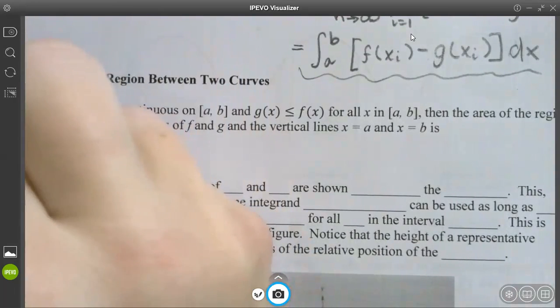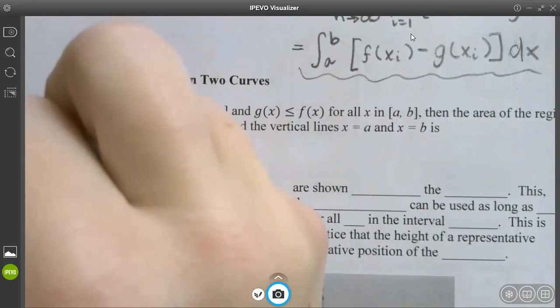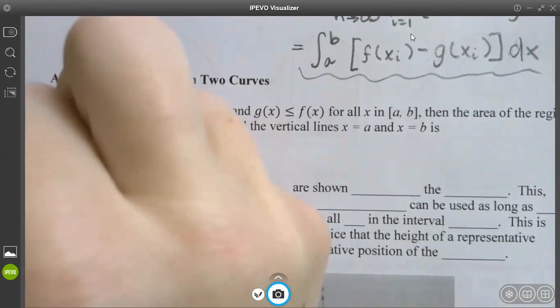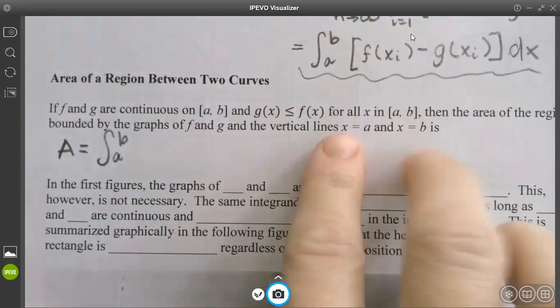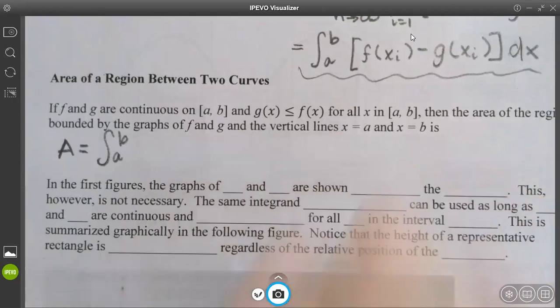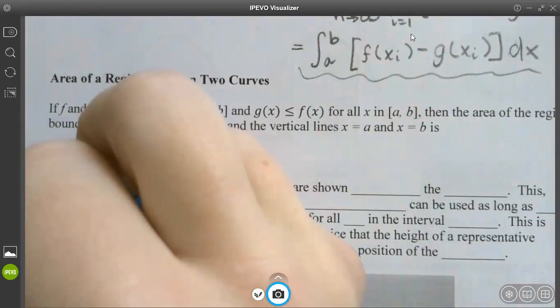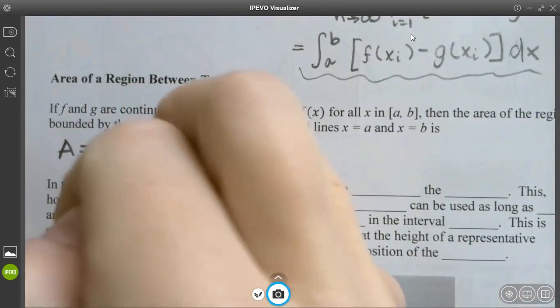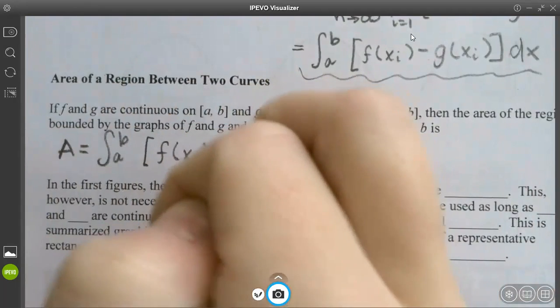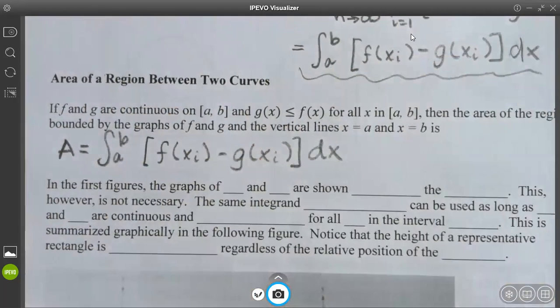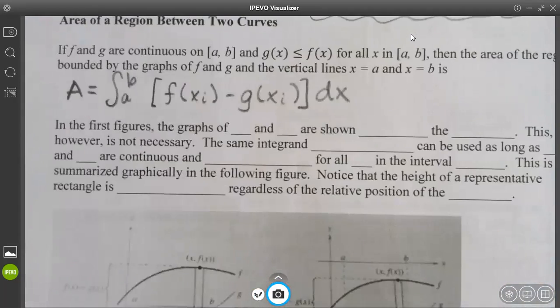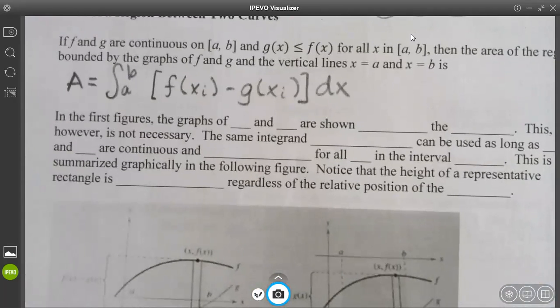So again, area equals the integral from a to b, the interval that they give us, between the two x lines a and b, of f of x_i minus g of x_i dx. You can also change that to just f of x and g of x.